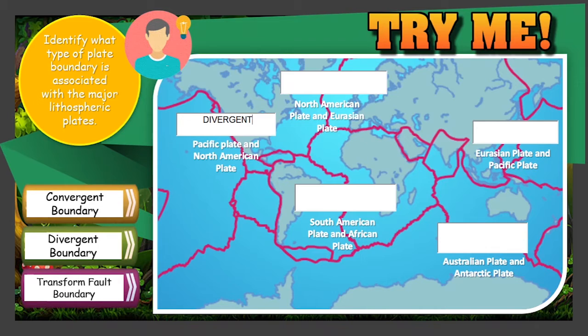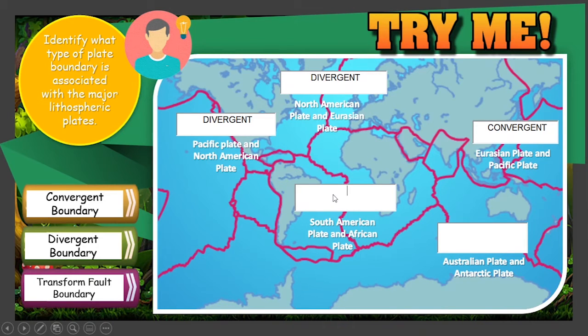There you go, that is the divergent boundary. Now what about the North American plate and the Eurasian plate? Great, they are also associated with the divergent boundary. What about Eurasian plate and the Pacific plate? Is it going to be convergent, divergent, or transform? Very good, it's convergent boundary.